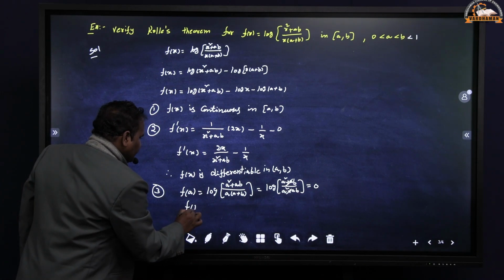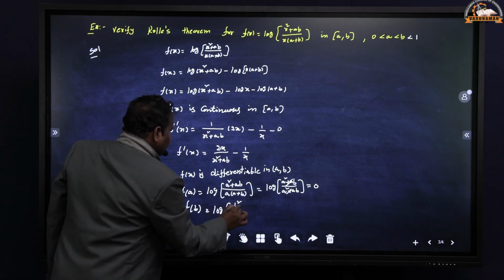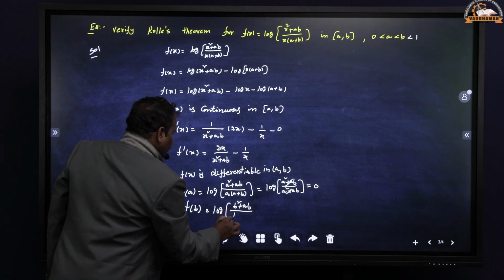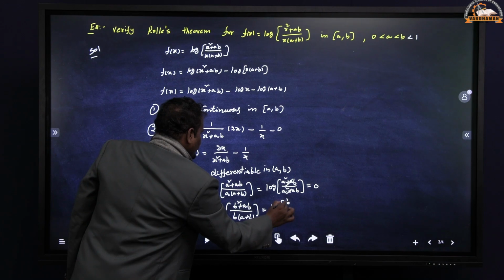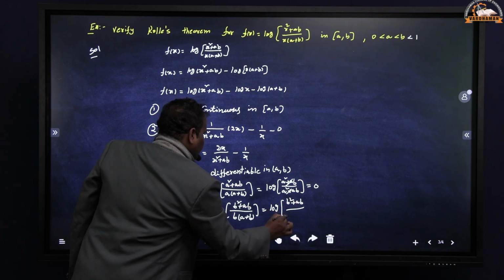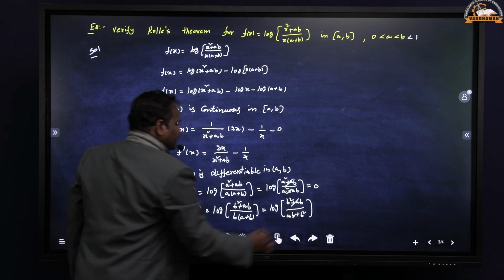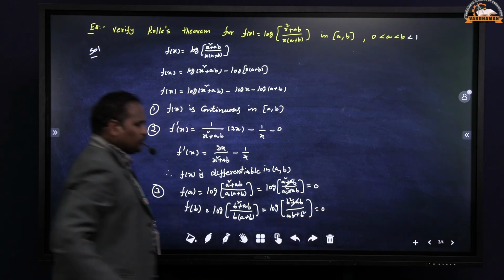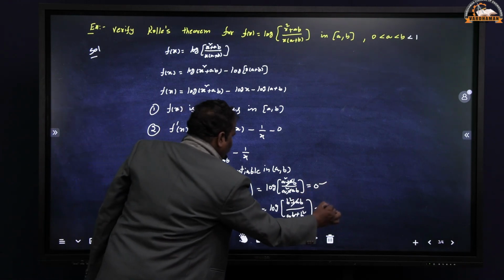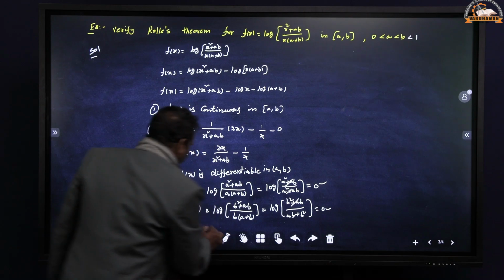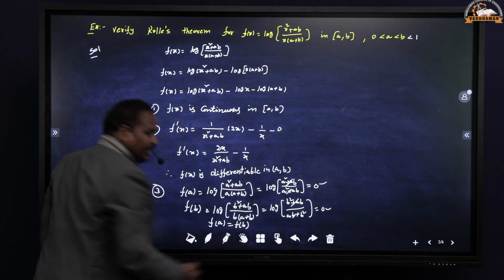Similarly, f of b is equal to log of (b square plus ab) by b into (a plus b). This is equal to log of (b square plus ab) by (ab plus b square). Both are the same, so they cancel, log 1 is 0. So third condition, f of a is equal to f of b. The two values are the same, so the third condition is satisfied.